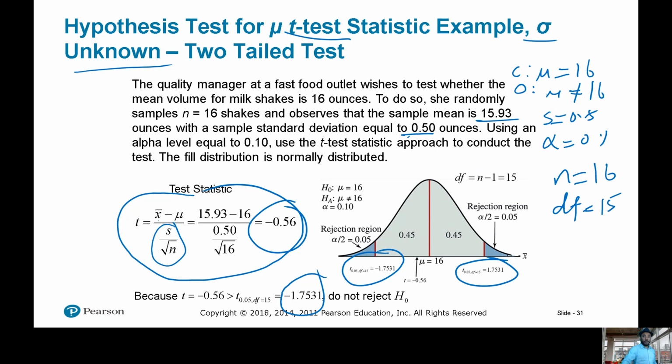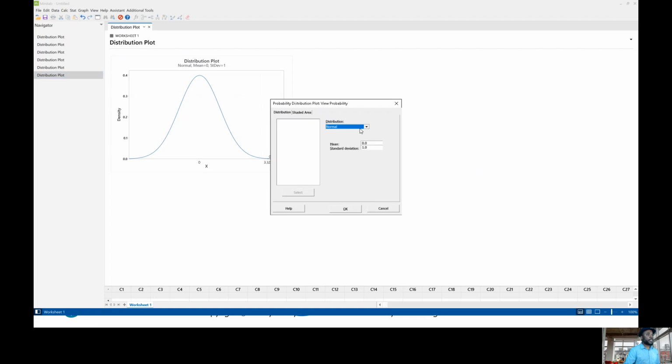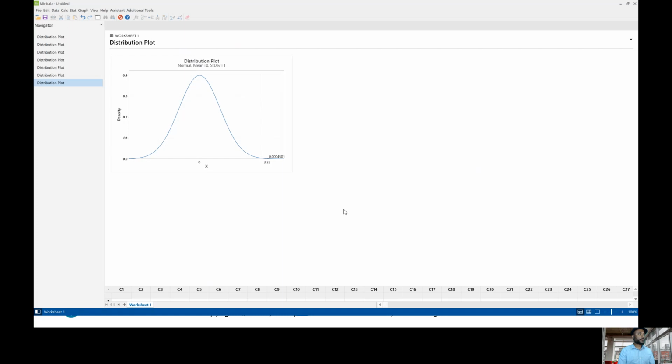If you bring up Minitab, let's go back to the last operation, but this time around, change this to T, not normal, and our degree of freedom is 15. Go to the shaded area. We're looking at a two-tail, so both tails, but change this to probability first, because we're going to enter the alpha value, and alpha is 0.1, and then click OK.